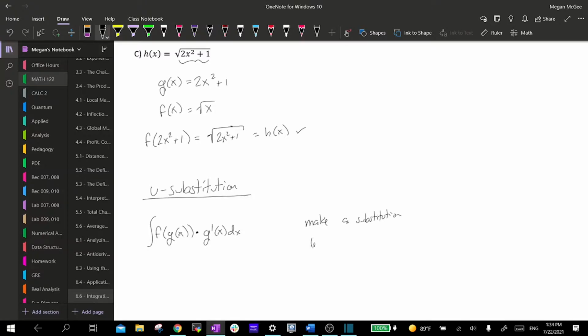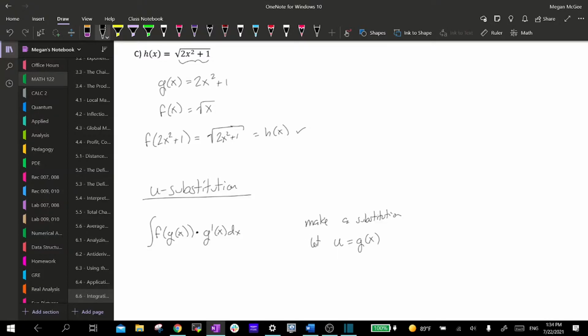So we want to let u, this letter u, this is why we call it u substitution, but you can use whatever letter you would like, it's just typically the u. Let u equal the inside function, g of x.